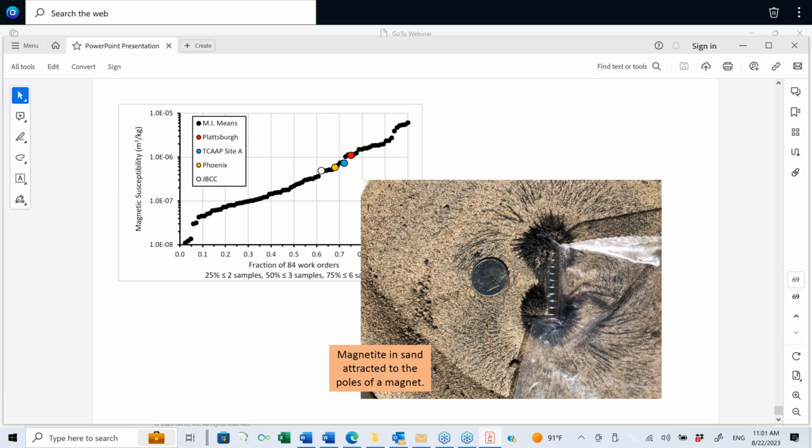In terms of adding magnetite itself, bacteria will produce magnetite from iron 3 oxides if there is organic matter in the aquifer. So if you have iron reduction going on, one of the products of that often is magnetite.